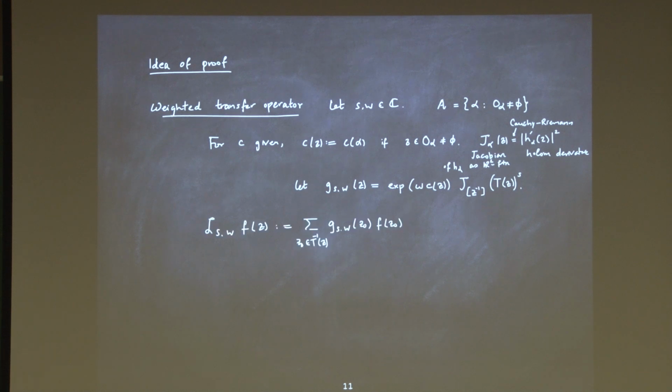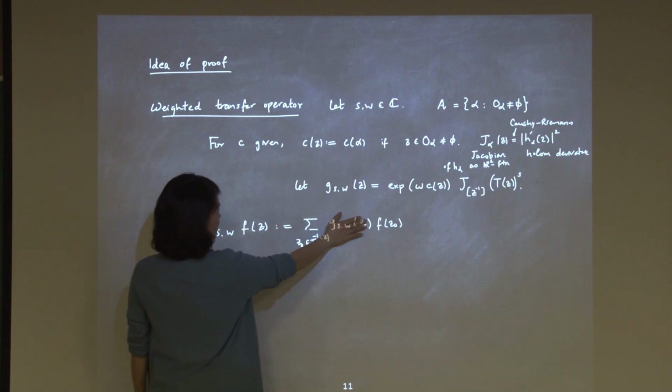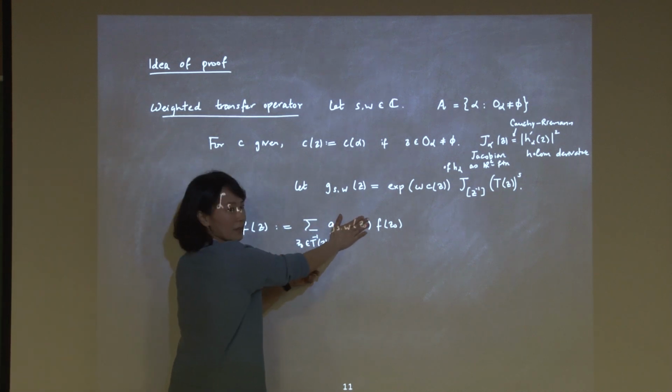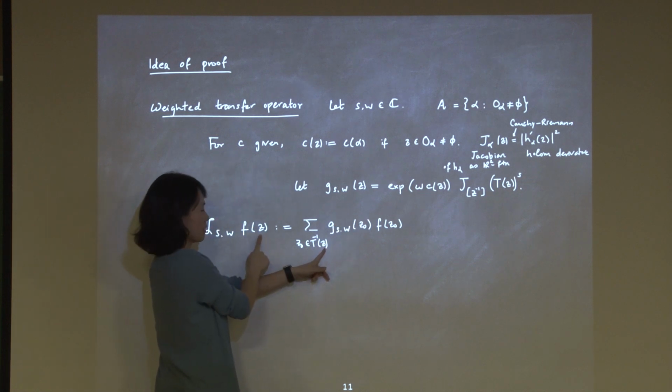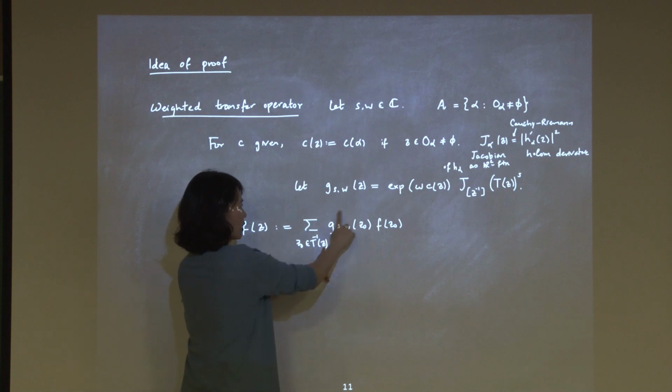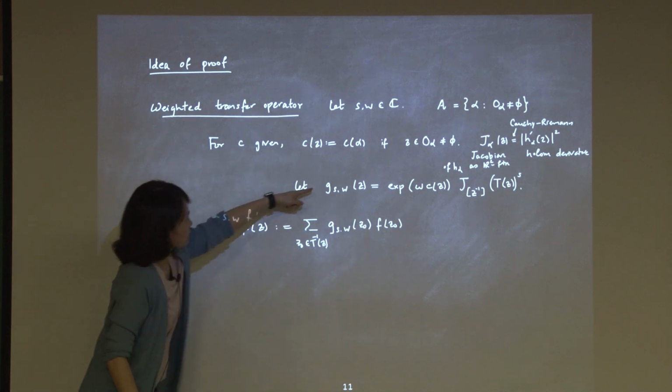So what's the transfer operator here? A typical transfer operator is a summation of f of z over all the inverse branches, the inverse images of the given point. Instead, we have this weight.